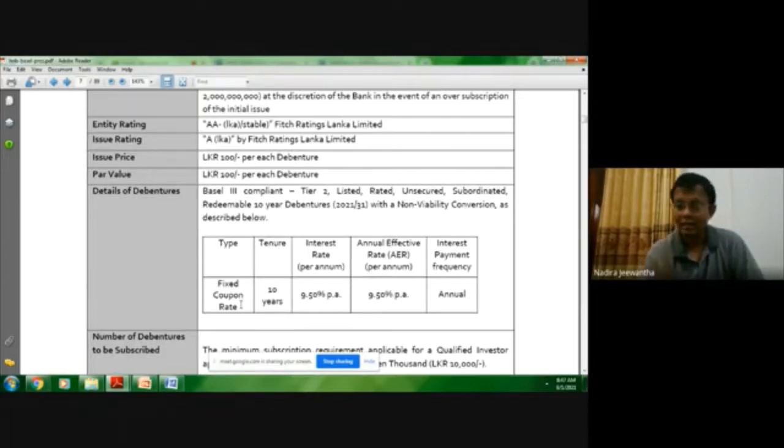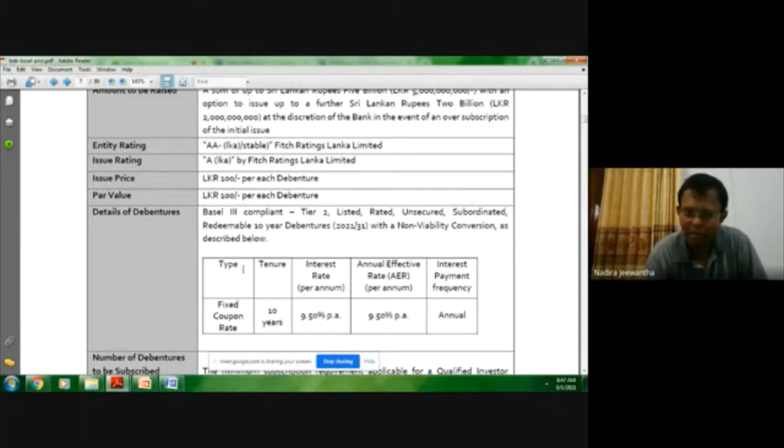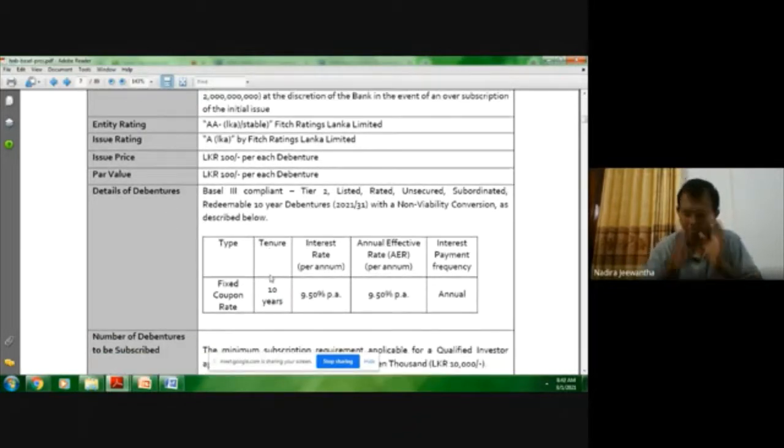Now see, understand this. Say you have invested. If you are an HNB employee, you can invest in a particular instrument, not this instrument because this is Basel, but say, forget about that, HNB has issued a debenture and you are an employee, you have invested. But say I'm not an employee of HNB.